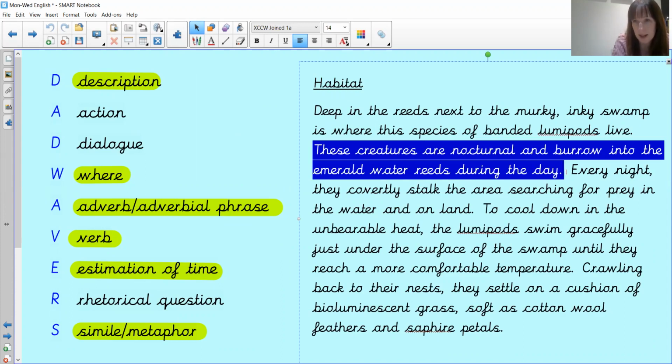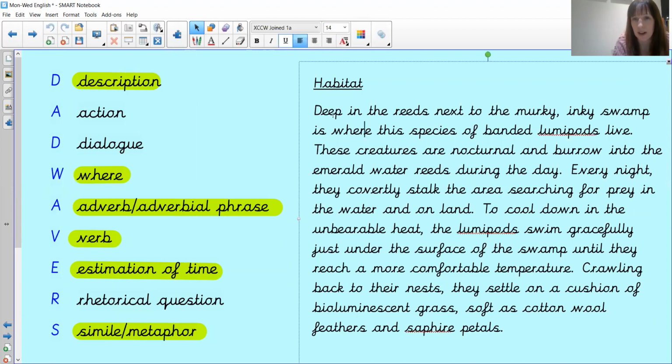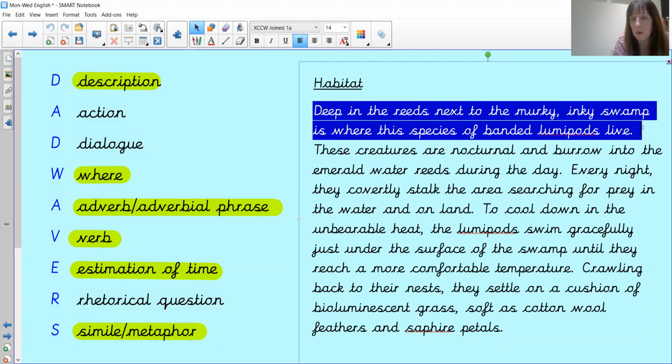So I'm describing what they're doing and where they're doing it. What about my where sentence? Can you see that one? That's right, it's up here, isn't it? Deep in the reeds next to the murky, inky swamp is where this species of banded lumipods live. So that's telling me where they live.